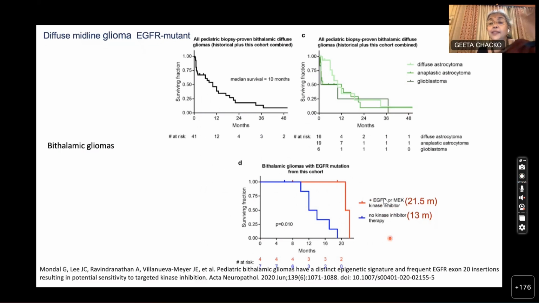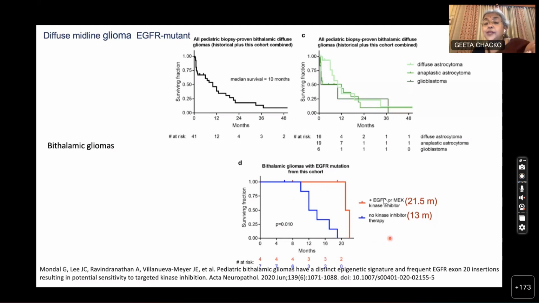So when you encounter a bithalamic tumor, midline gliomas are those that occur in the brainstem and all the midline structures, but also in the basal ganglia. So in thalami. So when you see a tumor like that, particularly in children, which is high grade, you have to think of these diffuse midline gliomas. Do the H3K27 and H3 trimethylation protein to diagnose it.